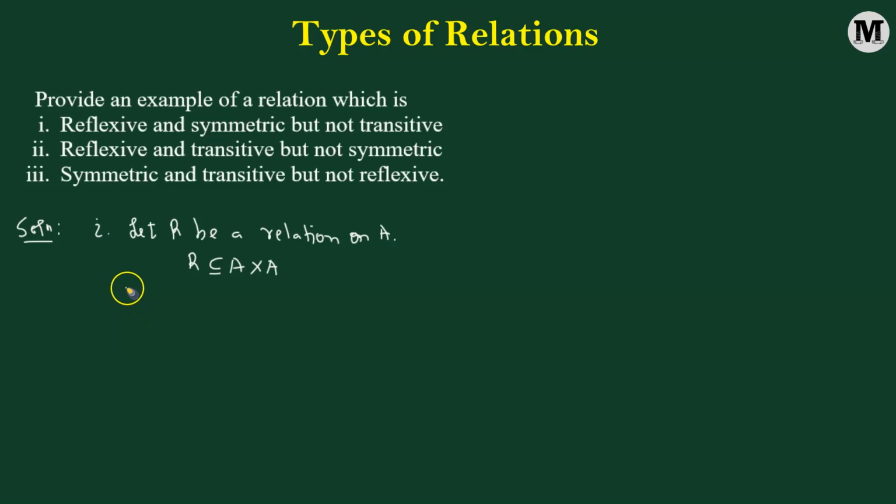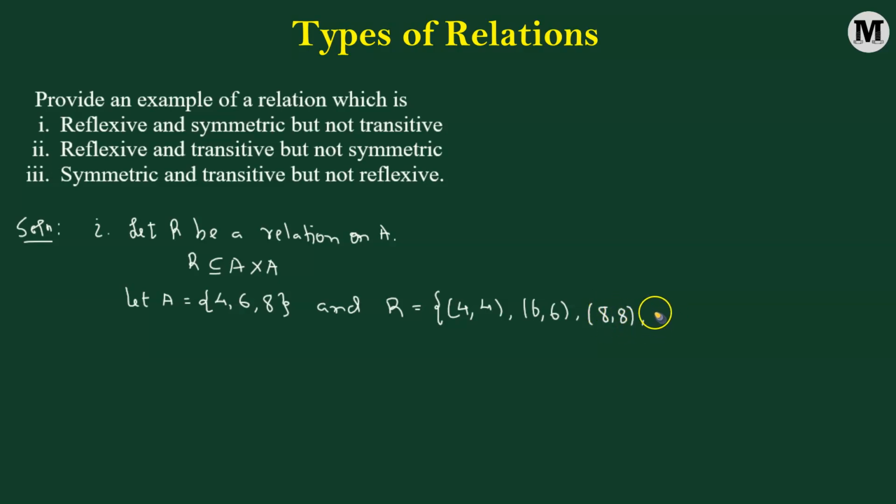So here we will suppose that the set A consists of 3 elements, the element 4, the element 6 and the element 8. And we have the relation R. So let's say the relation R is going to be a set containing ordered pairs. Let's say it contains the ordered pairs (4, 4), (6, 6), then (8, 8).